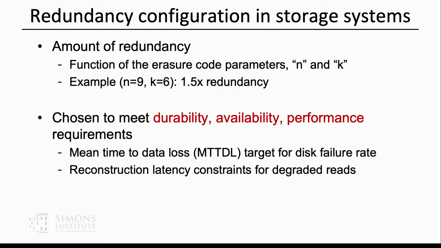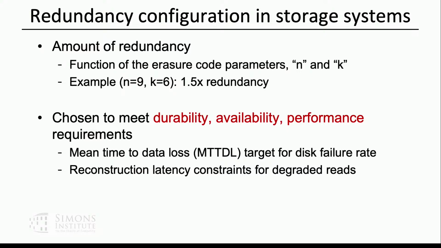Okay, so now how do we exactly choose N and K? These are chosen to meet durability requirements. For example, it could be a mean time to data loss target, and based on the failure rate expected, you can choose them. In addition to that, there are availability requirements: if a particular block is being read and that disk is down, you will have to reconstruct it online.